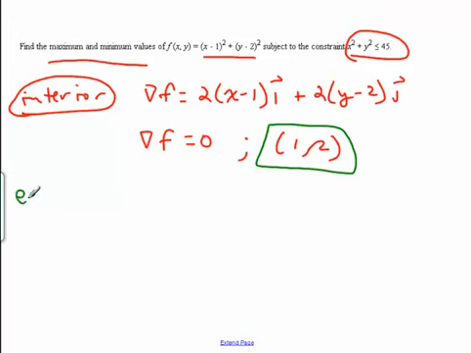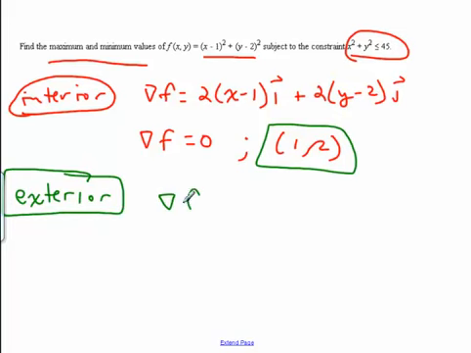Then we're going to look at the exterior. So a local max or min on the exterior is going to occur when grad f equals lambda grad g, where grad g equals 2x i plus 2y j.